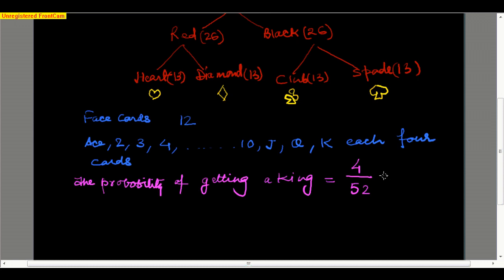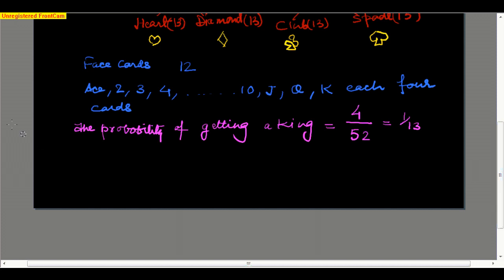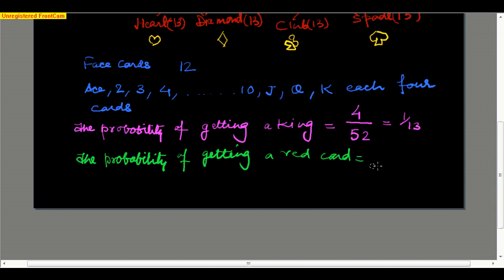So the probability is 4 by 52, which means 1 by 13. Now the probability of getting a red card: we have 26 red cards and the total number of cards is 52, so we will get 1 by 2.